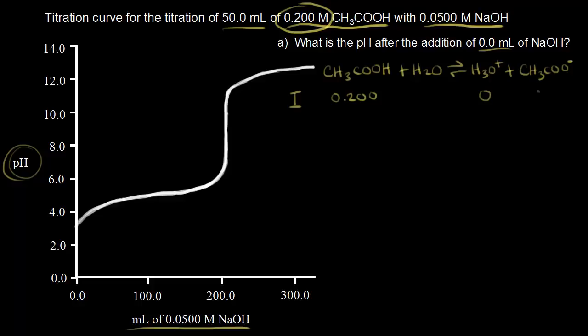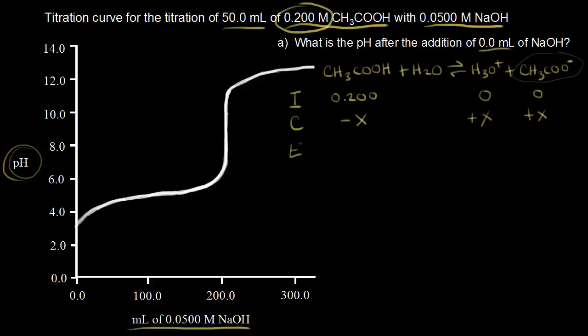So this is what we did in the video on weak acid equilibrium. So the change, right, whatever we lose from our concentration of acetic acid, since acetic acid turns into acetate, we would gain for the concentration of acetate, and we would also therefore gain for the concentration of hydronium, H3O+.